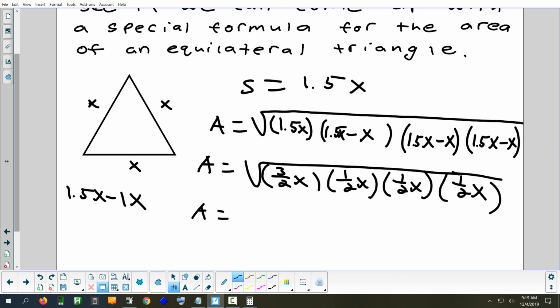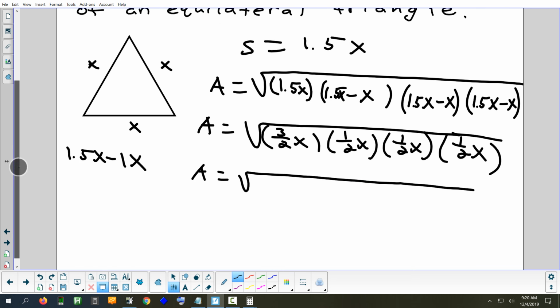Now, under that square root, I have 4 things, all being multiplied together. 1.5 times x times 0.5 times x times 0.5 times x times 0.5 times x. Does the order that you multiply in matter? No. Then what I would rather do is, rather than staggering it number, letter, all the way through, let's put all 4 numbers right next to each other, and then all 4 letters.